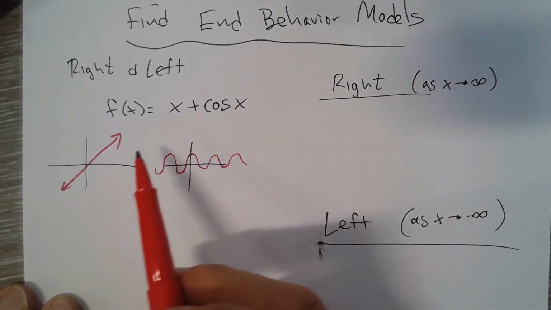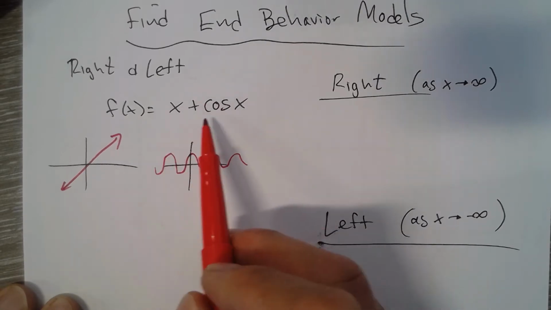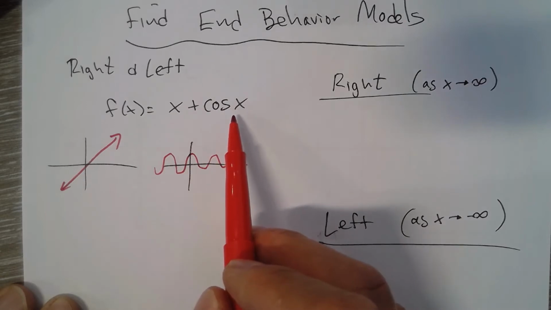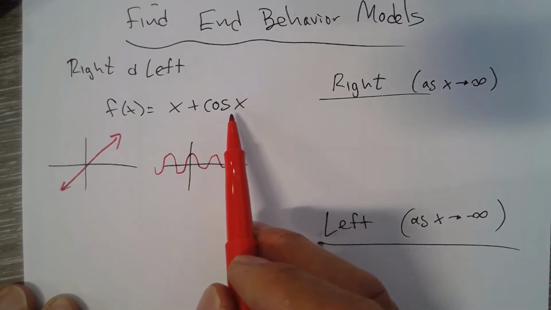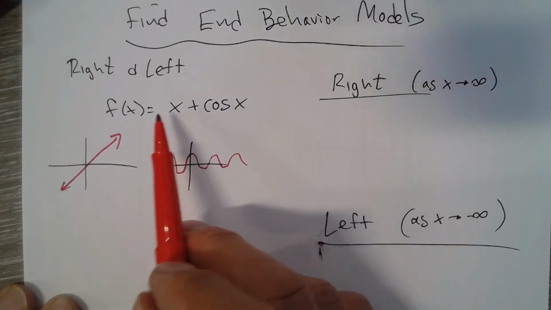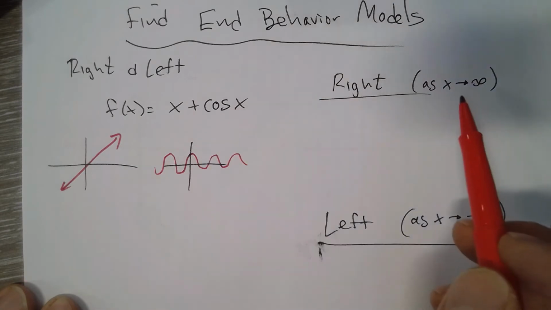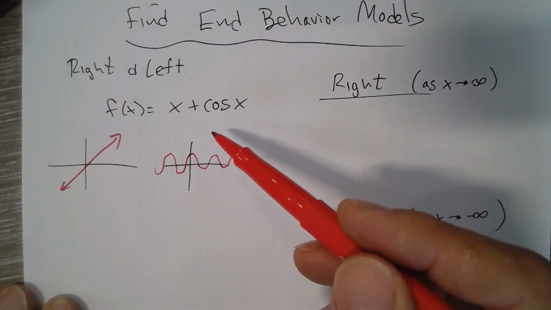Like x plus cosine x, what's going to be the most powerful? Well, x is going to become infinity plus some number between negative 1 and 1. Thanks for your contribution, but you're really not giving us much there, cosine x. x is going to be the most powerful both to the right and left. That's the logic that is going into it.